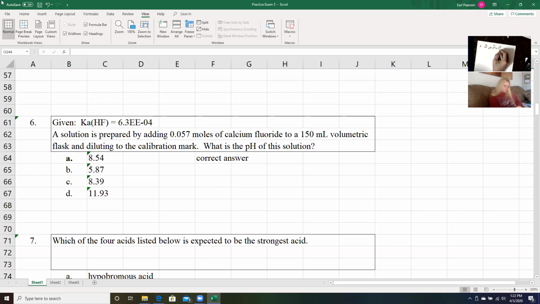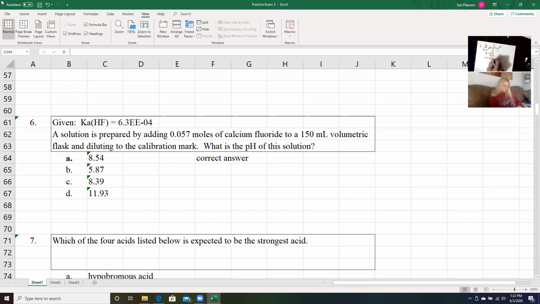C0, 0, 0, minus X, plus X, and X, C0 minus X, and Ka is equal to X squared over C0 minus X. X is equal to the square root of C0 minus X times Ka. So essentially, we're setting that equation down.